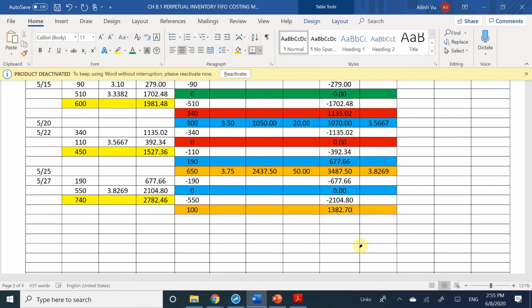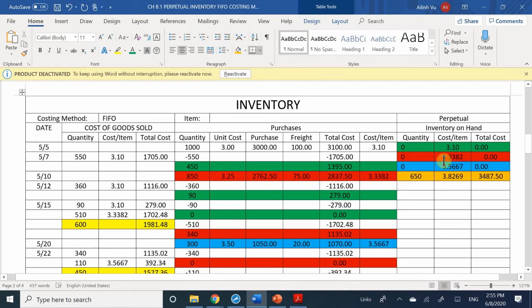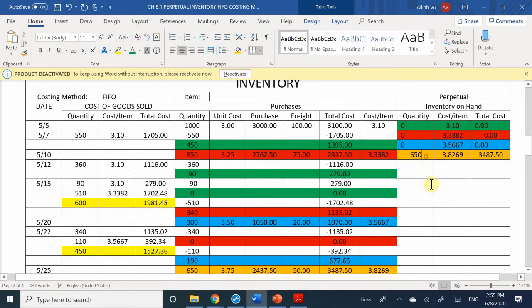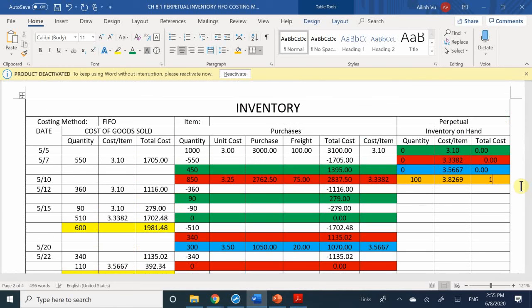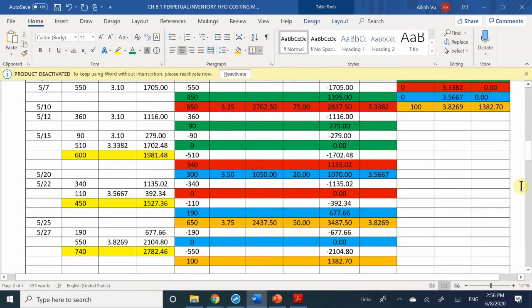Okay. So once we've done that, we're going to transfer that over here and indicate that we no longer have 650. We have 100. And the remaining amount is still going to be $1,382.70.